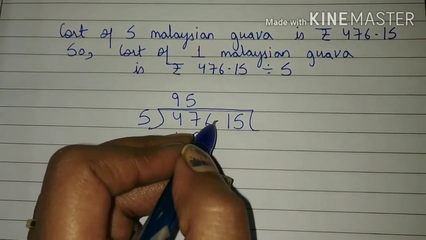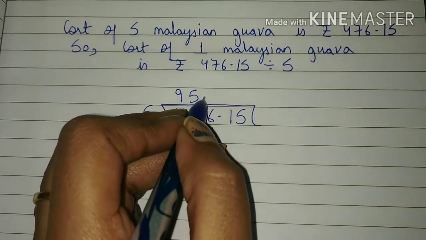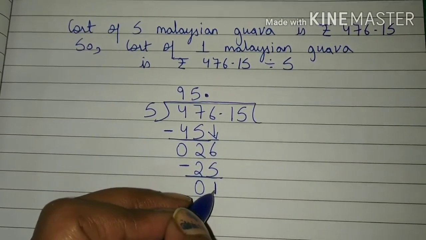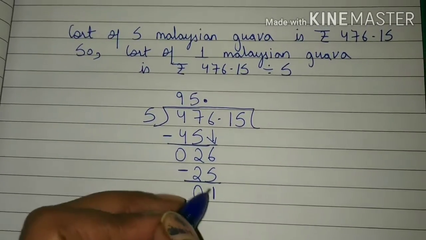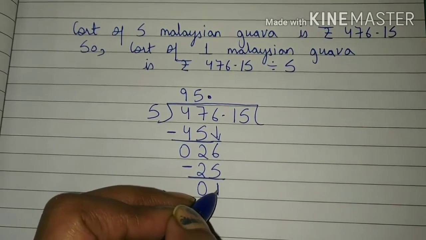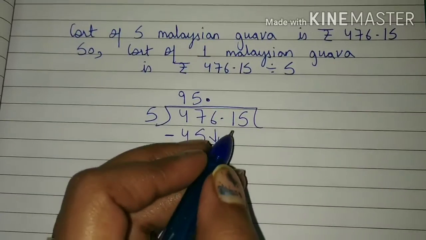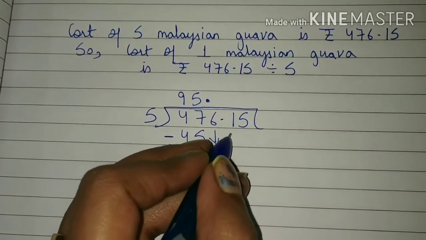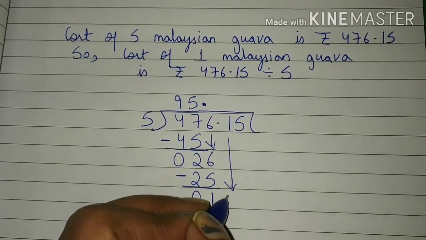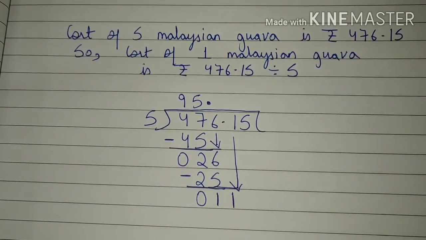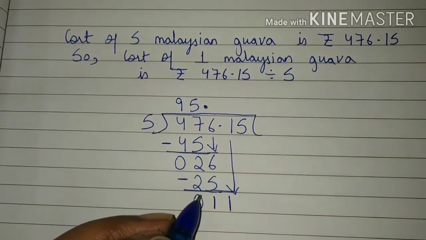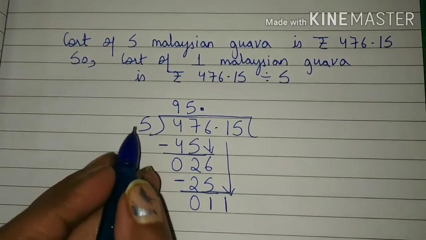Students, here is a decimal point. So here also we will put a decimal point. Now students, 1 cannot be divided by 5, because 1 is not coming in the table of 5. So we will copy down next number, that is 1 here. Now students, we will divide 11 by 5.